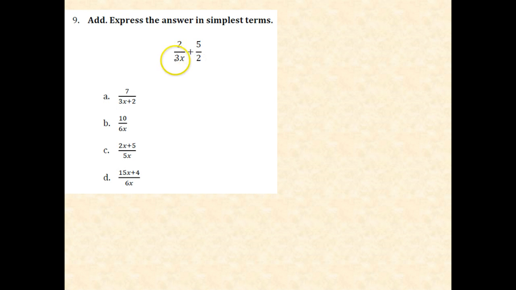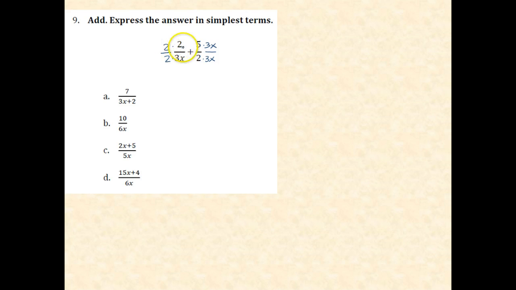Now when we're adding, we need to get a common denominator. So this denominator doesn't have an x or a factor of 3, so we need to multiply by 3x on the top and the bottom. And this fraction we just need to multiply by 2 on the top and the bottom.